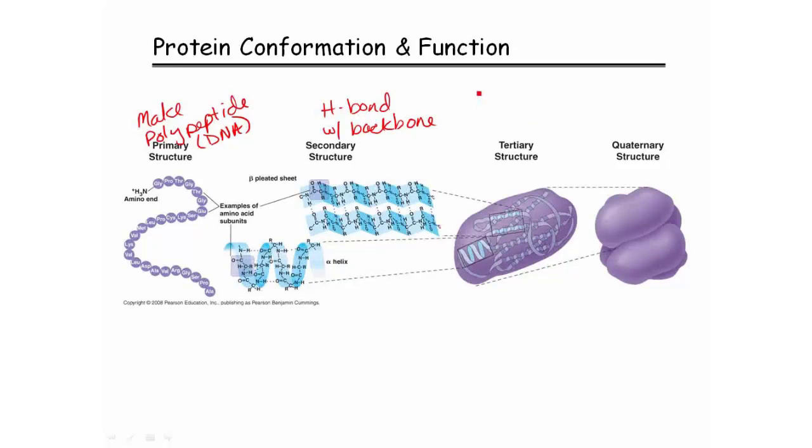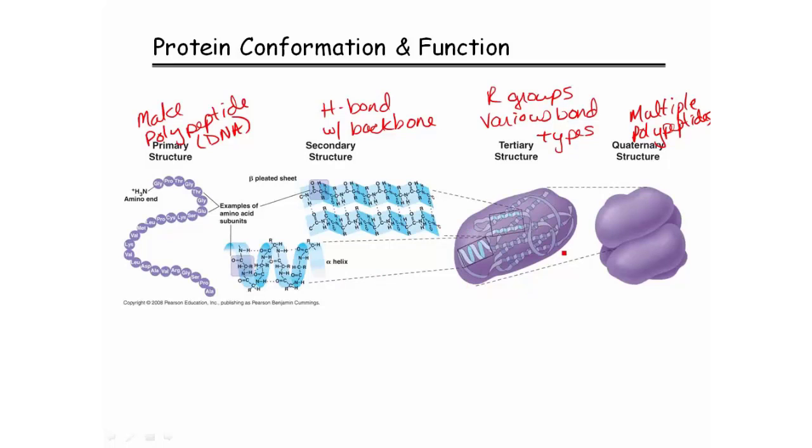With the tertiary structure, we're going to have the R groups involved, and this will be various bond types. And then with the quaternary structure, it's going to be multiple polypeptides. You want to make sure you know what the difference is between the different levels of protein structure.